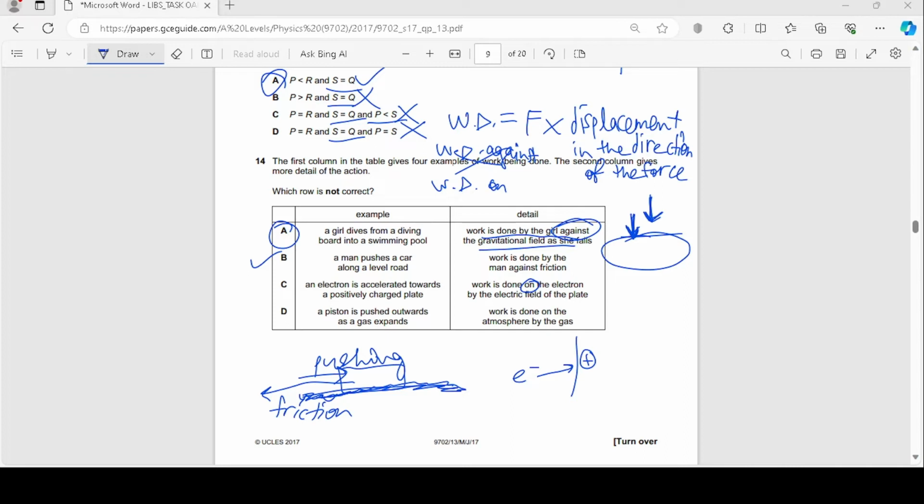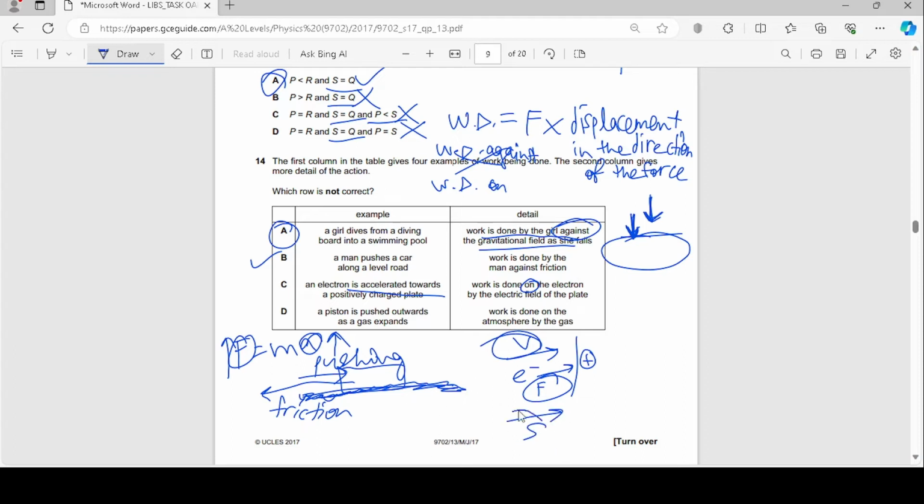Again, F equals ma, I should perhaps state. So the electron is accelerated towards the positively charged plate. Acceleration is towards the plate. That means the force on the electron is also towards the plate, and the motion of the electron is also towards the plate. So if the force is in the direction of the motion, the force is in the direction of the displacement as well.